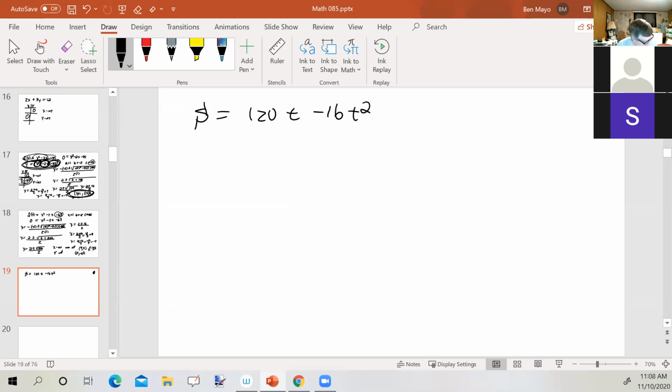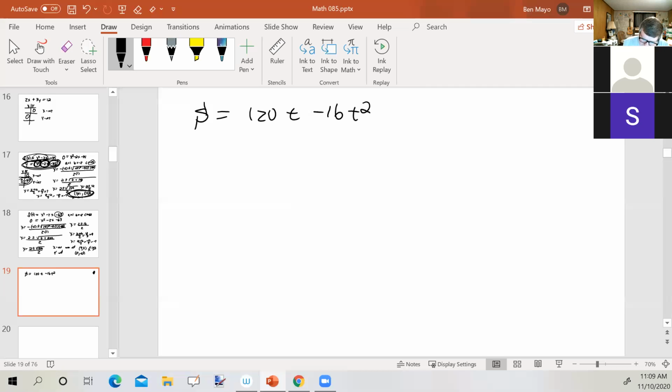So t stands for time in seconds, s stands for height in feet above the ground. If the shell is designed to explode when it reaches its maximum height, how long after being fired, and at what height will the fireworks appear in the sky?